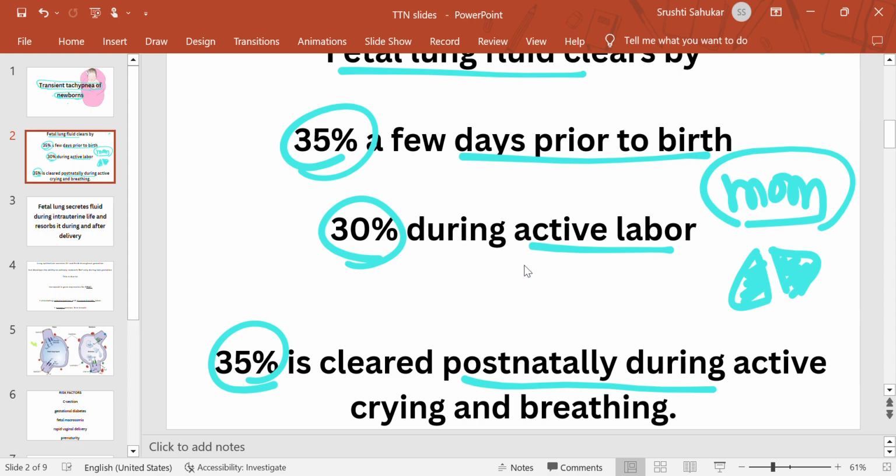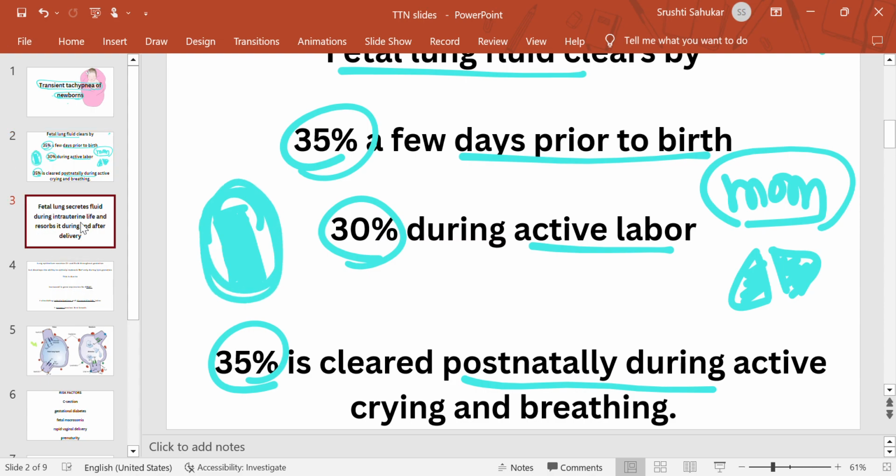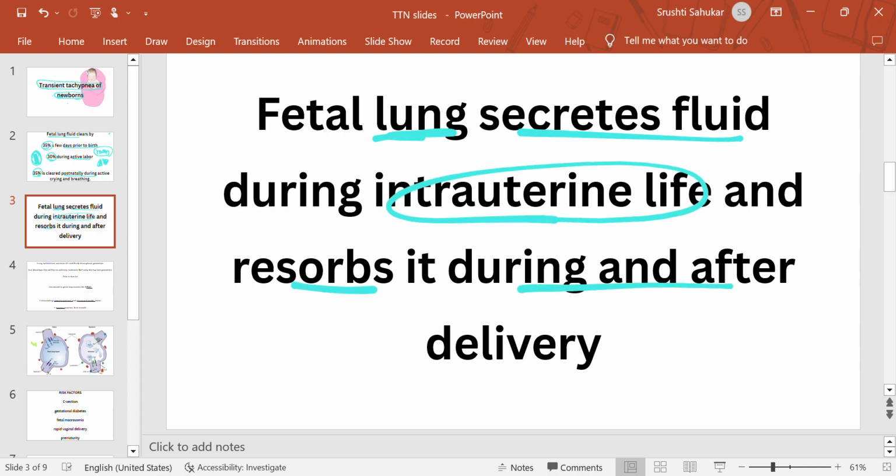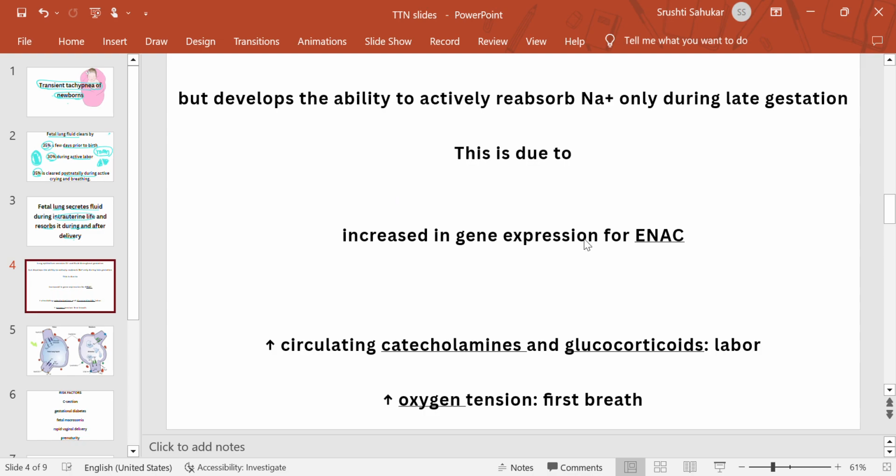This happens very close to, before, during, and around delivery of the baby. The thing to know is that the fetal lung secretes fluid during intrauterine life and resorbs it during and after delivery, which is important to remember, right?